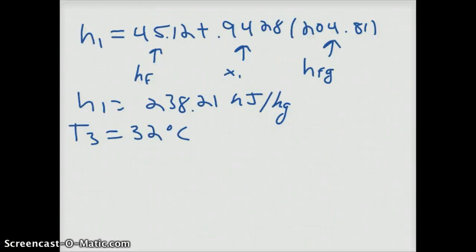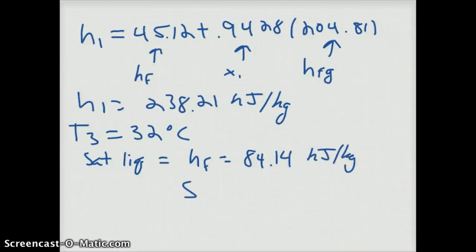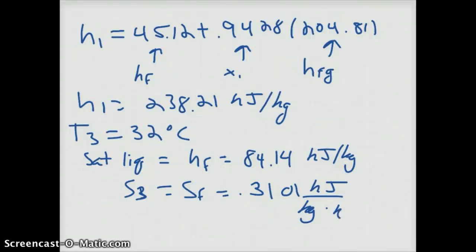Now, we know that T2 equals T3, so T3 also has to equal 32 degrees Celsius, and that is sat liquid, equal to HF, which is going to be equal to 84.14 according to the tables, and our SF is going to be 0.3101 kilojoules per kilogram times Kelvin.